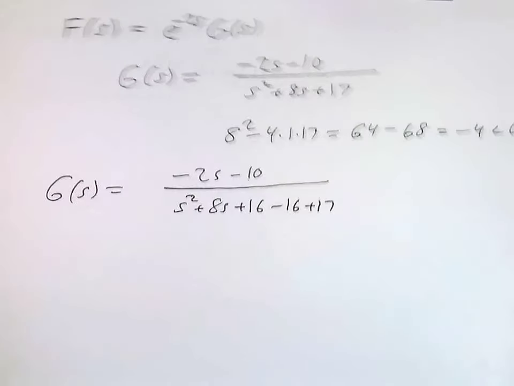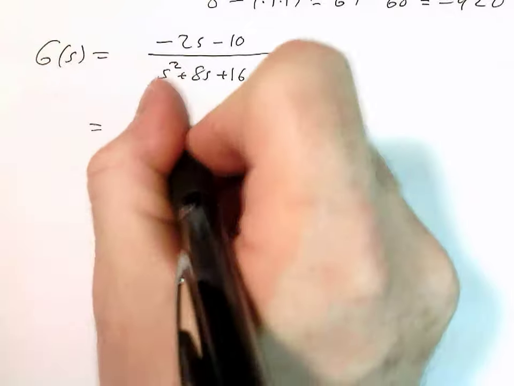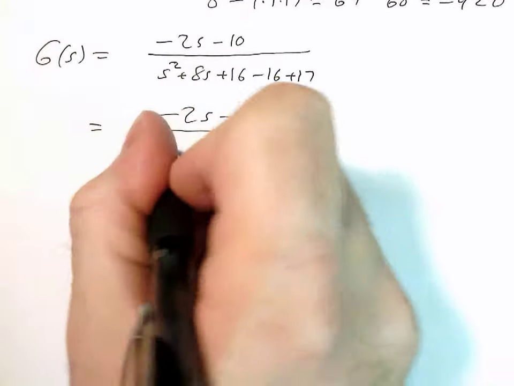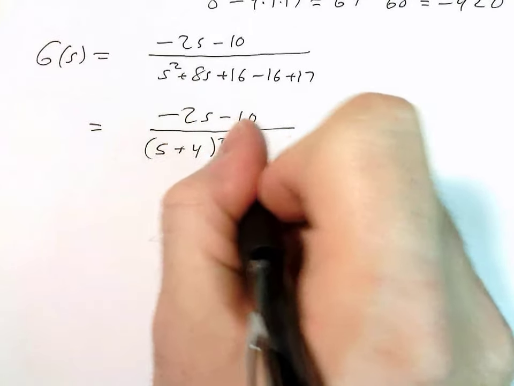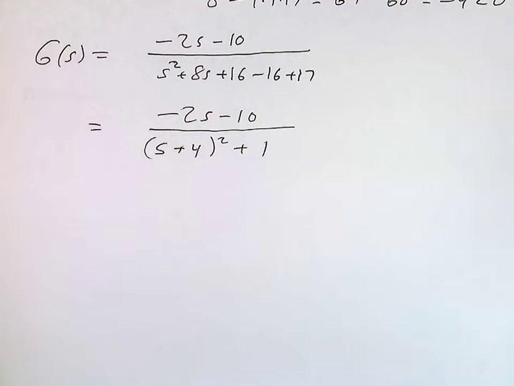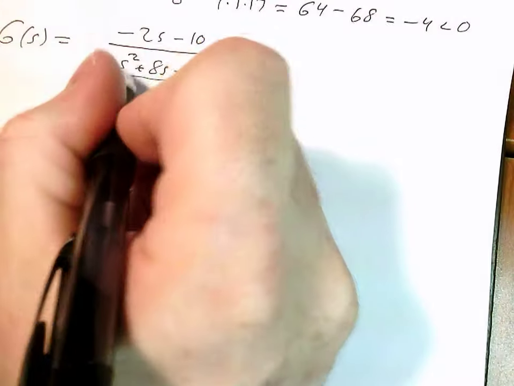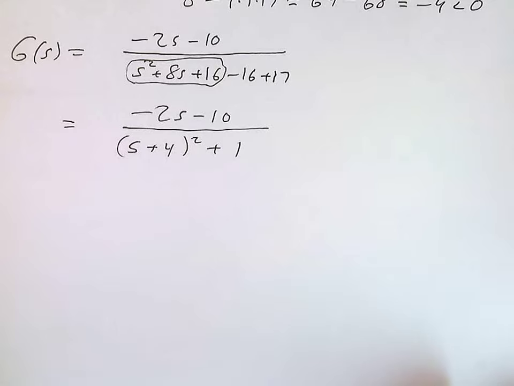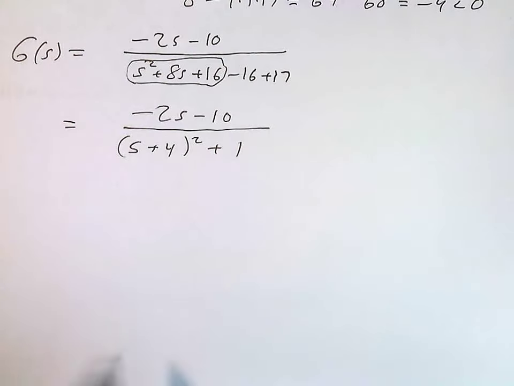I'm just adding 0 in my denominator here. So this is negative 2s minus 10 over s plus 4 squared plus 1, since negative 16 and 17 make 1. The first three terms make a perfect square, by design, that's how I chose the 16. If you multiply this denominator out, you'll get what we started with.